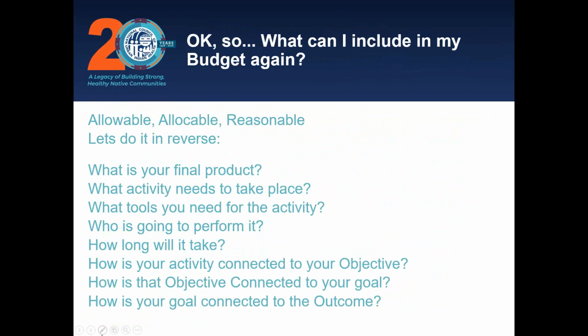So you can ask these questions. What is your final product? What activities need to take place? What tools do you need for the activity? Who is going to perform it? How long will it take? How is your activity connected to your objective? How is that objective connected to your goal? How is your goal connected to your outcome? Let's go to the next one, please.